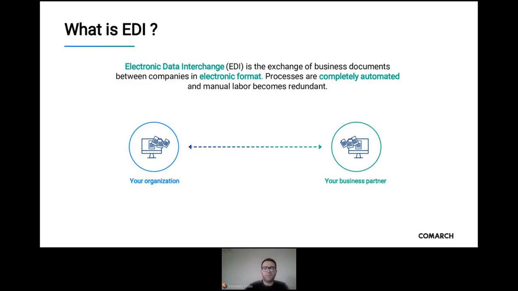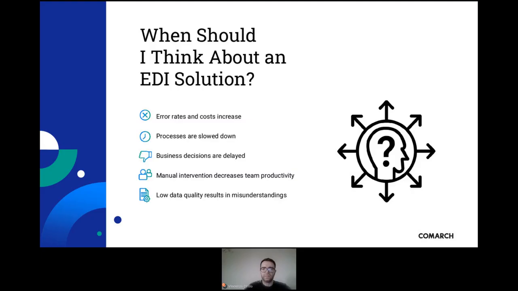EDI documents include, for example, purchase orders, invoices, payment documents, bills of lading, inventory documents, and any other type of document.